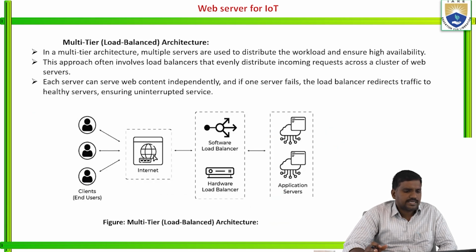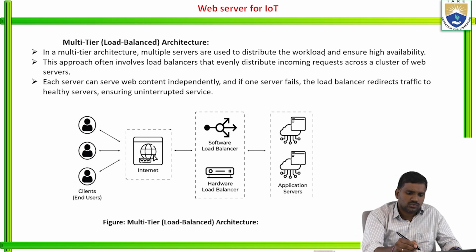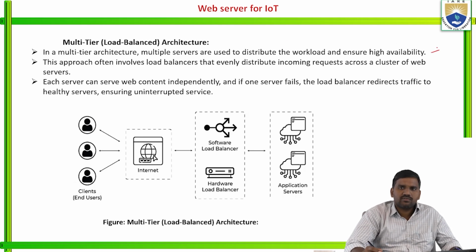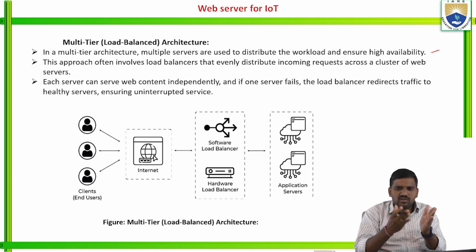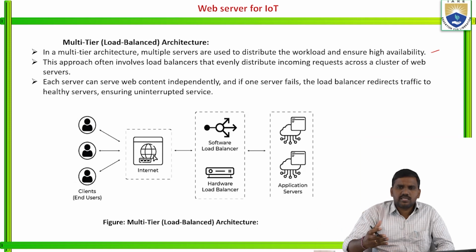The next one, multi-tier load balanced architecture. Multi-tier is also known as load balanced architecture. This is the architecture diagram of multi-tier architecture. In a multi-tier architecture, multiple servers are used to distribute the workload and ensure high availability. In order to increase the scalability and reliability of the system, the workload is distributed in equal parts.